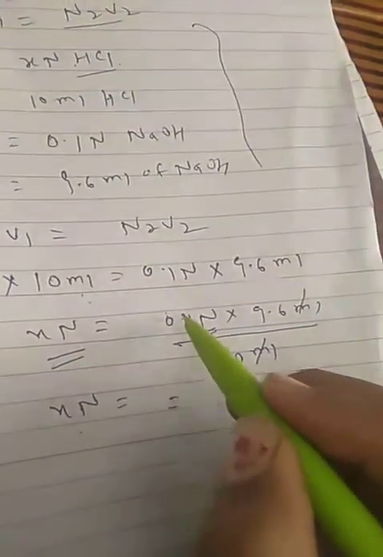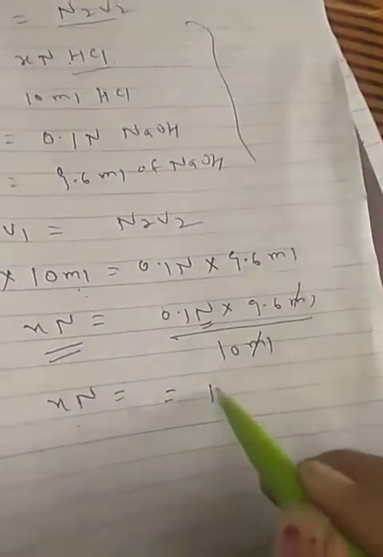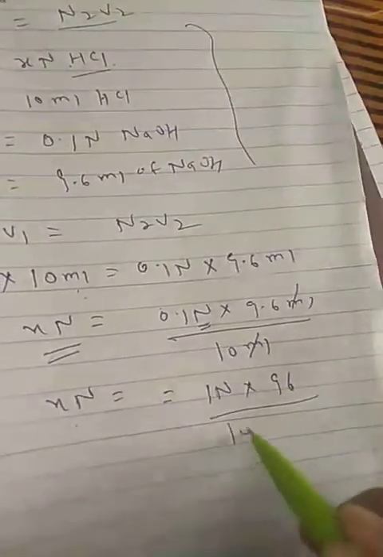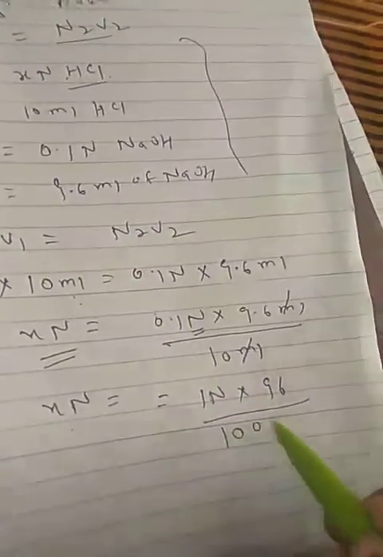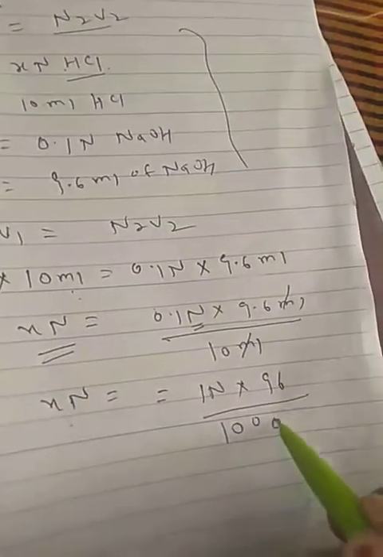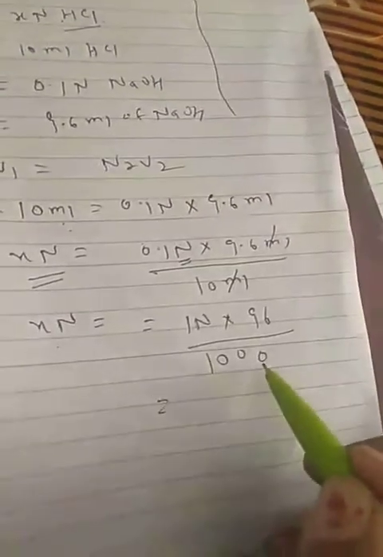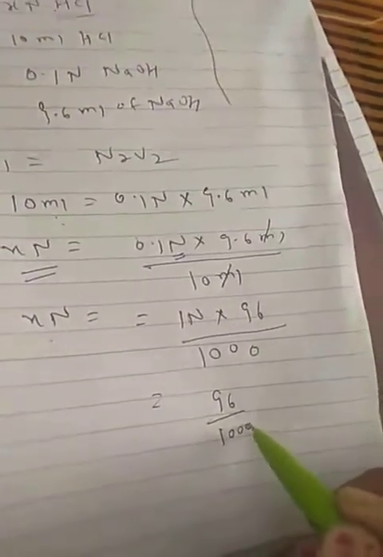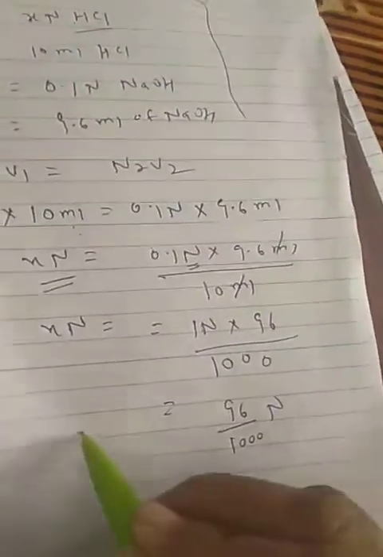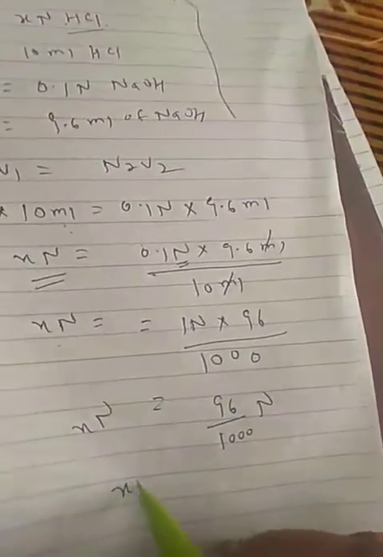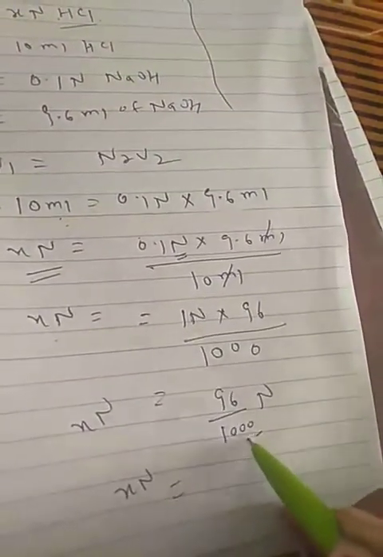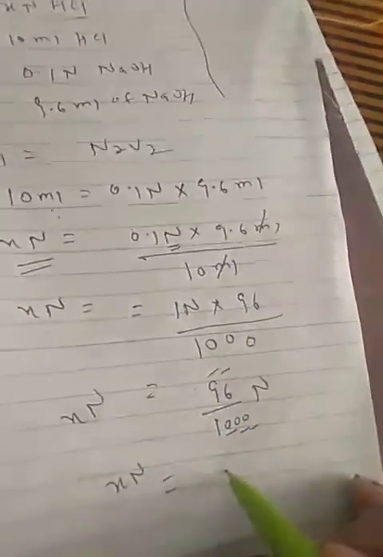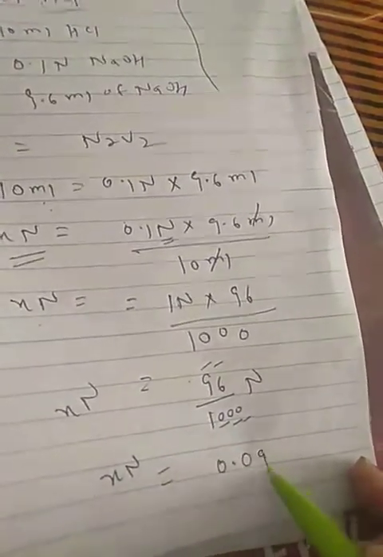I am removing this decimal: 1 normal into 96 upon 10, which will be easy for you. So how many places do you count? 1, 2 and 3, so 3 places.